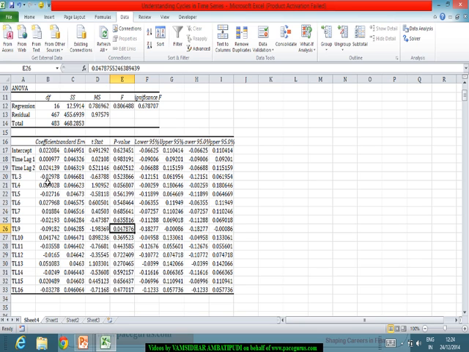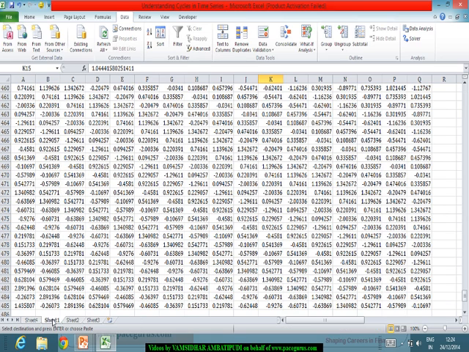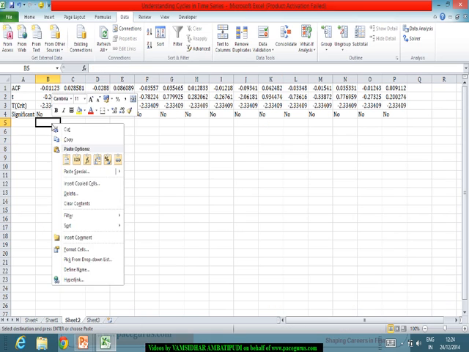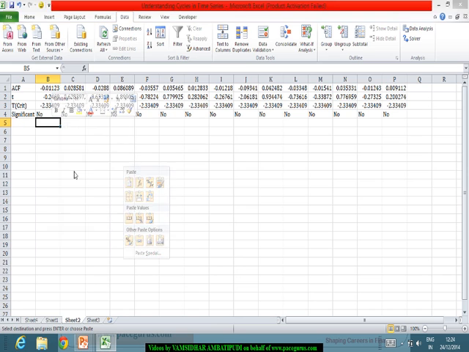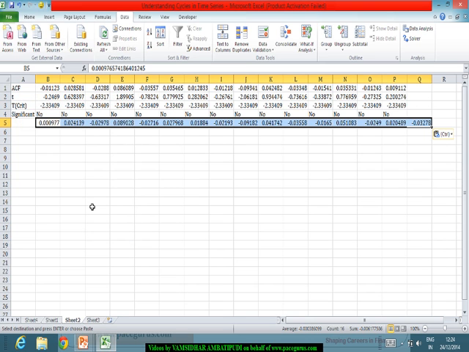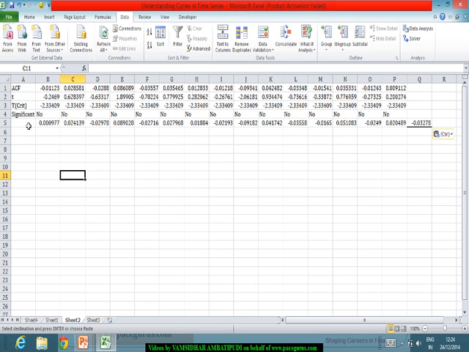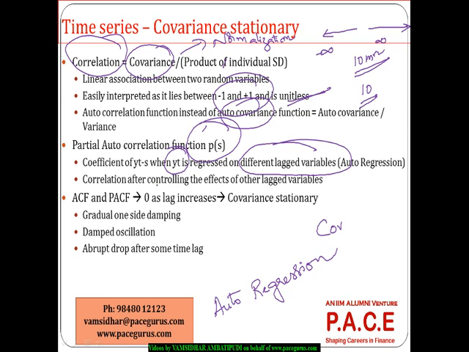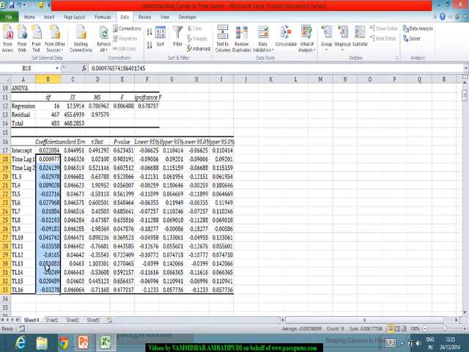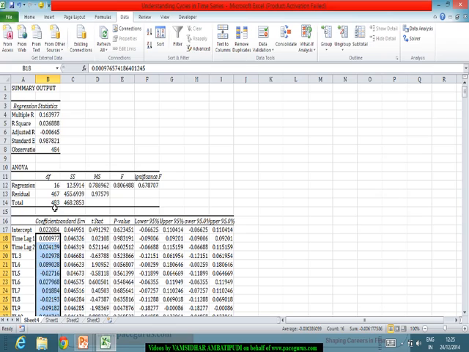Which means I could have clearly taken these as my partial autocorrelation values. So let me just take them here and paste them in the transpose form, wherein I'll get the partial autocorrelation function, which is more or less similar to the autocorrelation. Let me not take the constant, TL1 to TL16.